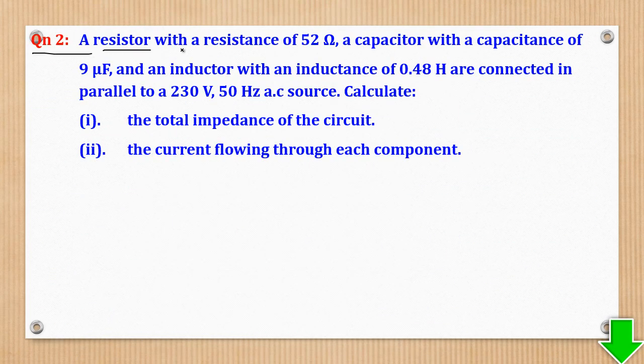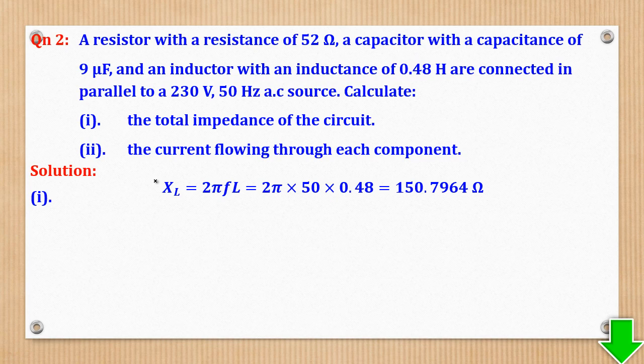Question 2 says a resistor with a resistance of 52 ohms, a capacitor with a capacitance of 9 microfarad, and an inductor with an inductance of 0.48 Henry are connected in parallel to a 230 volt 50 Hz AC source. Calculate Roman 1, the total impedance, and Roman 2, the current flowing through each component.